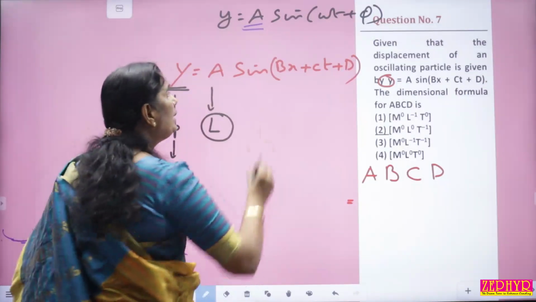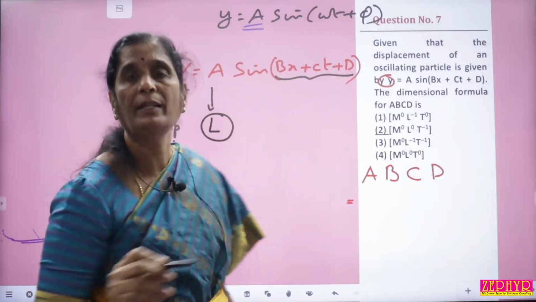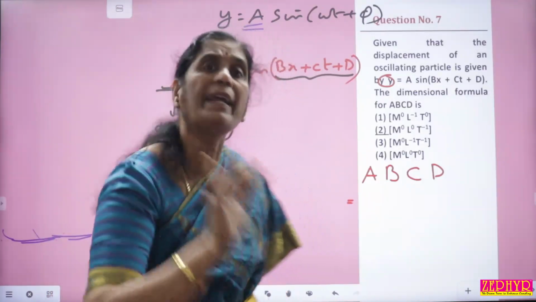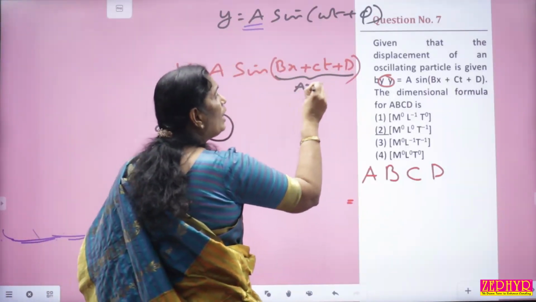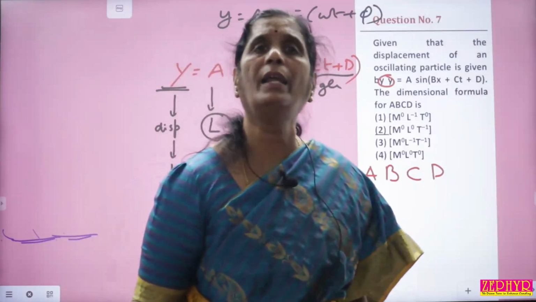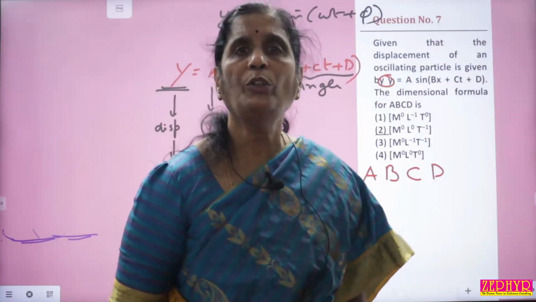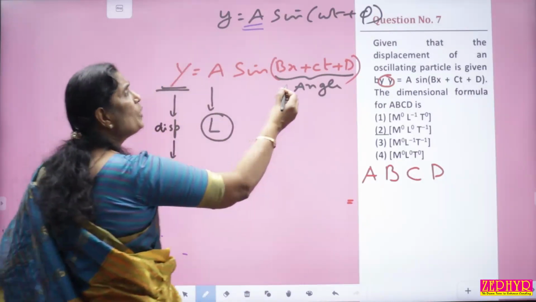Now see the position. All this bx, ct, are inside the bracket, because it is sine of something. Sine of something means that something must be an angle. Sine of theta, theta is an angle. Sine x, x is an angle. So the term within the bracket stands for an angle.